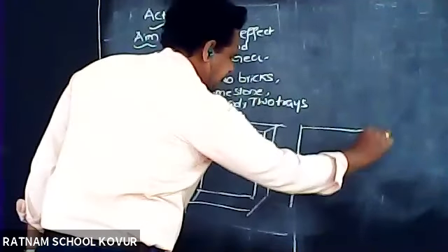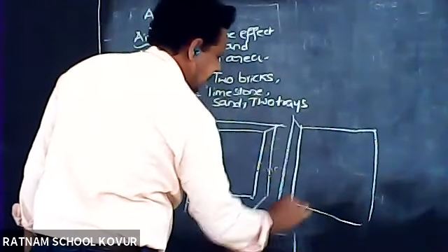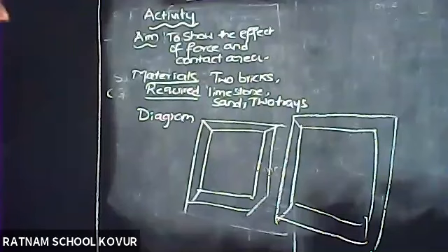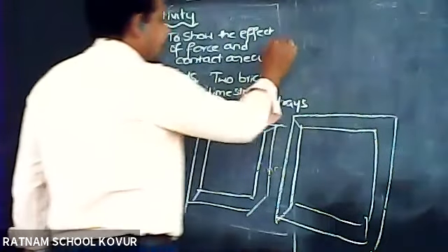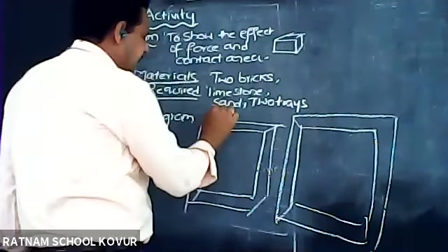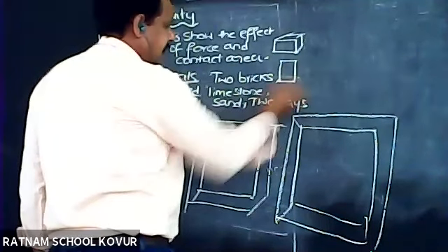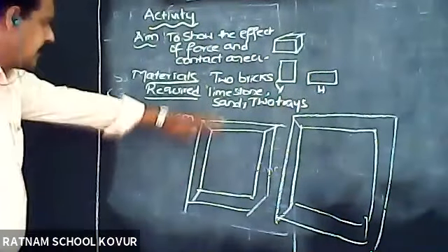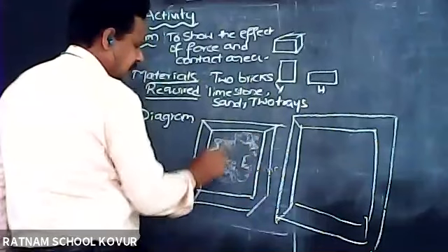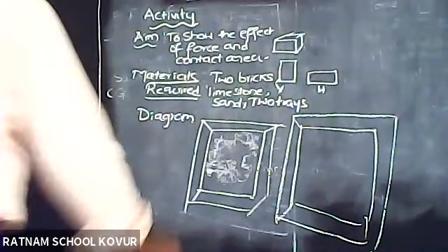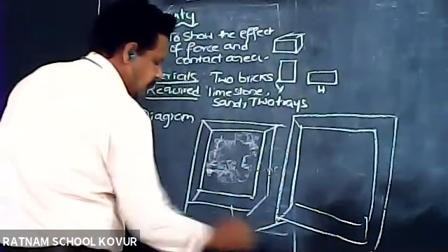This is one tray, another tray. And you keep 2 bricks, rectangular bricks. 1 brick you take vertical, 1 brick horizontal. So 1 brick I will keep here. Lime and sand is there. These 2 are called trays.